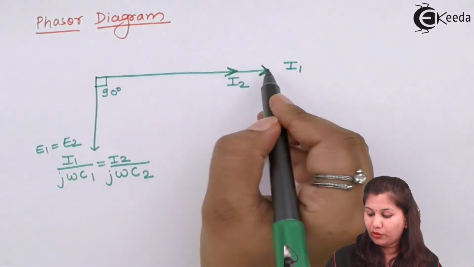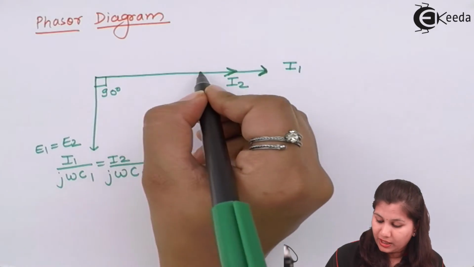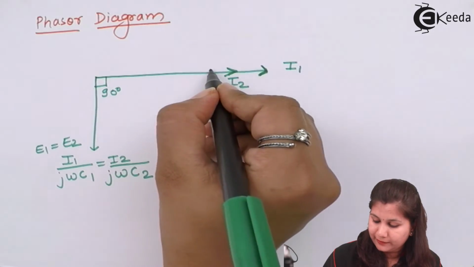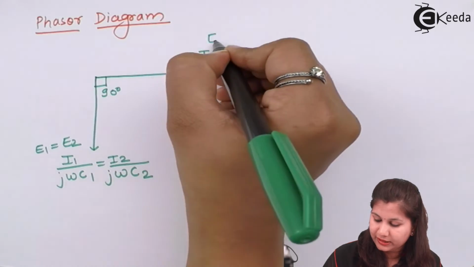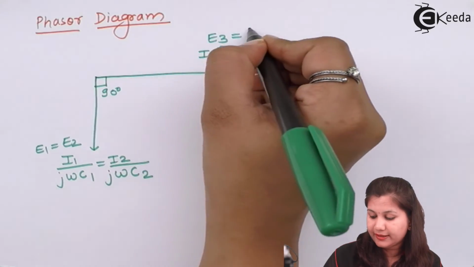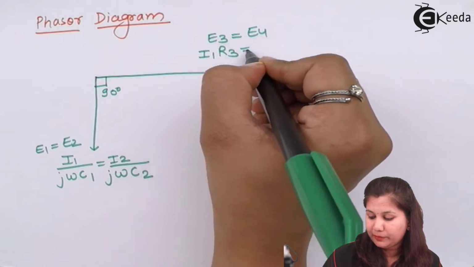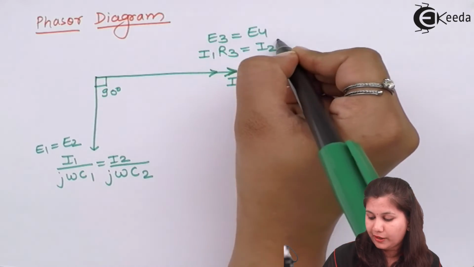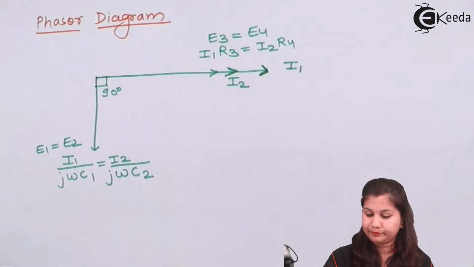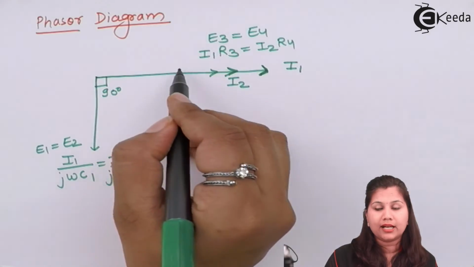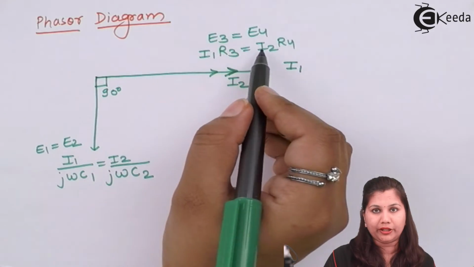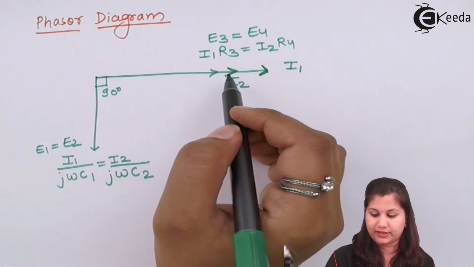I1 we have already drawn here, so I1 R3 will be here on the same line. I1 R3 is E3, and E3 is equal to E4, so it will be equal to I2 R4. On the same line we have drawn this current and the voltage because this is across a resistance.